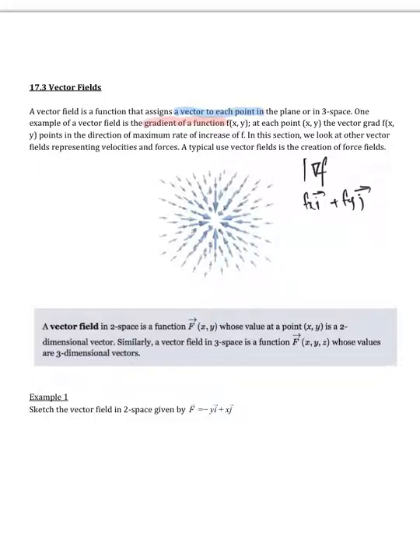This is exactly what it is, and it's in the direction of the maximum increase of the function at a point, and this is based on the partial derivative of the function in terms of x and in terms of y. Like I said, all of them calculate at an individual point where the maximum increase is, but if you put it all together it creates a vector field, and that helps demonstrate what a vector field is.